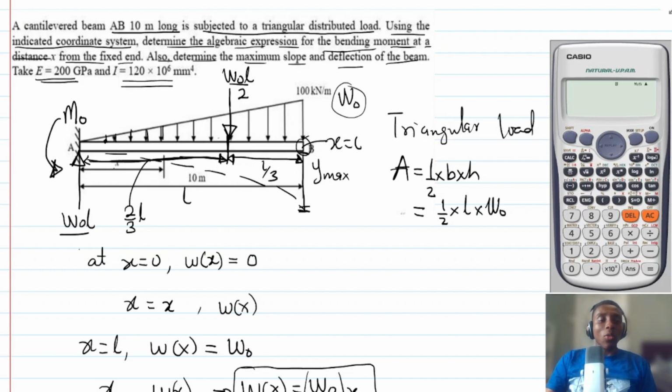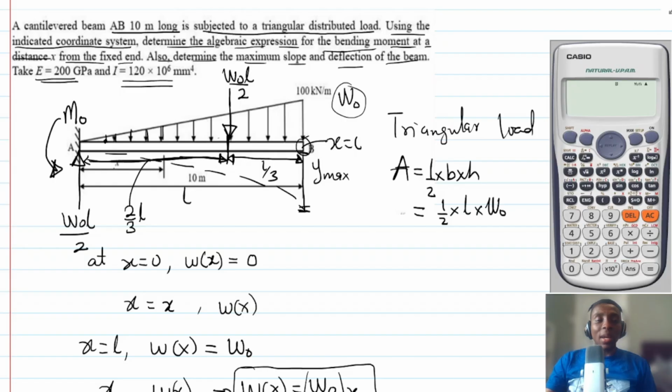So we can now replace this by W naught L/2. But what is the moment? Now we are interested in getting the moment. Solving for the moment is basically simple and straightforward. To get the moment, all we have to do is sum moments.